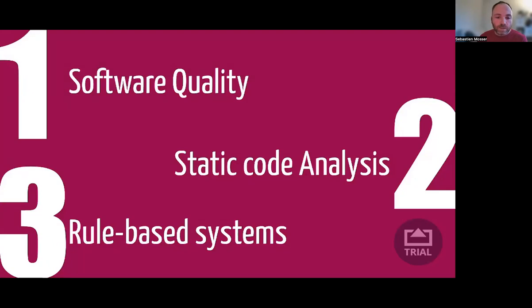Then we're going to look at static code analysis, and how this kind of technique can be used to support this. And then we're going to look more specifically into rule-based systems, the system that you're going to use and experiment with in this week's tutorial, which is named SonarQube, and that's also what you're going to experiment with during the next assignment.